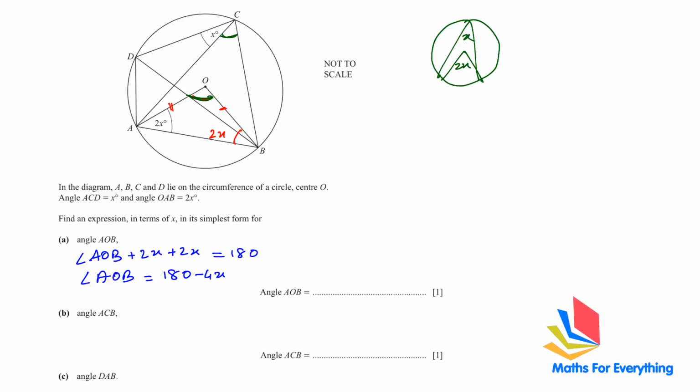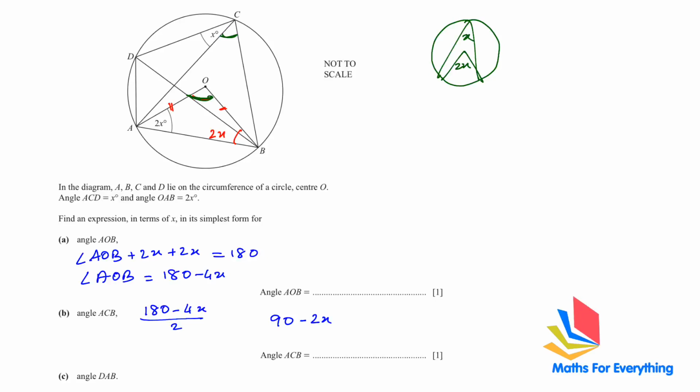The angle at the circumference is half the angle at the center. So angle ACB will be half of 180 minus 4x. So 180 divided by 2, 90. And 4x divided by 2 is negative 2x.